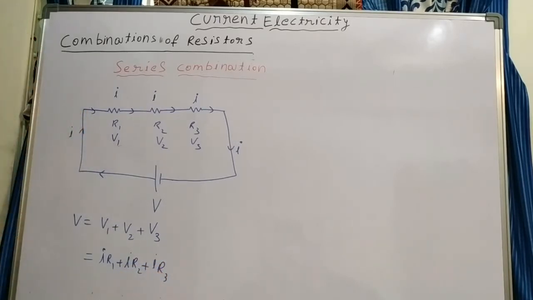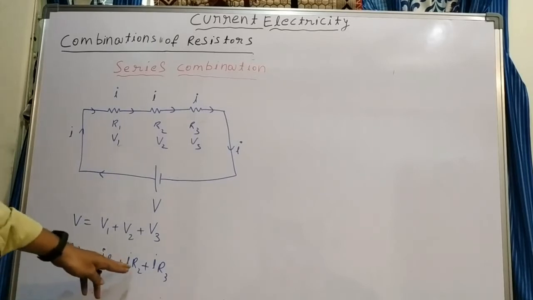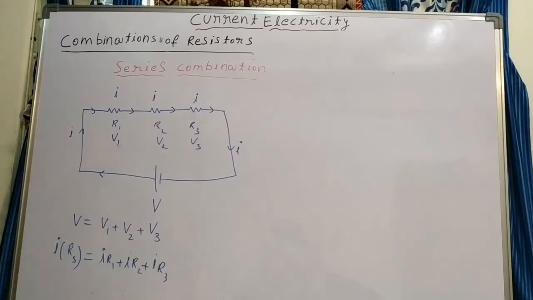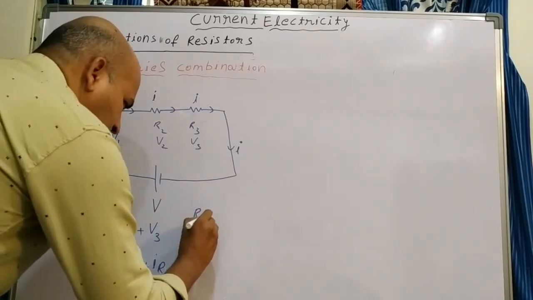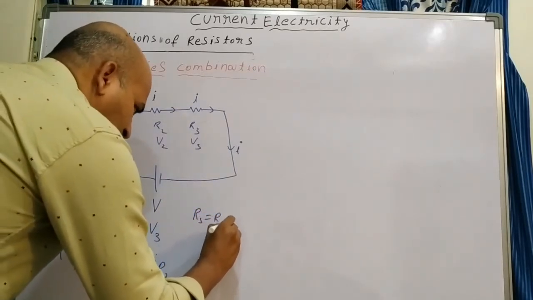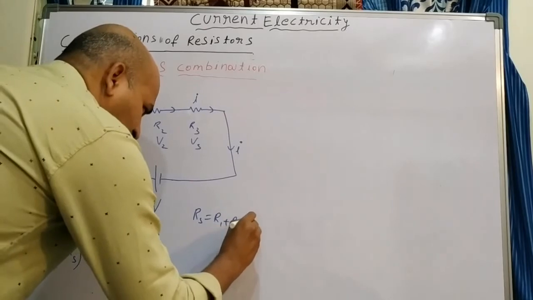This also we can write as total current flowing, which is the same I, and resistance, that is what we call series resistance, the series combination of the resistance. This is total current into total resistance, across the first resistance, across the second, across the third resistance. From this, what do you get? R series equals R1 plus R2 plus R3.